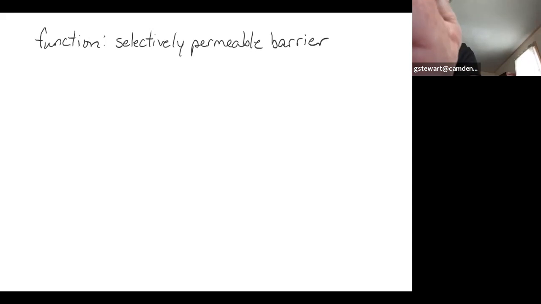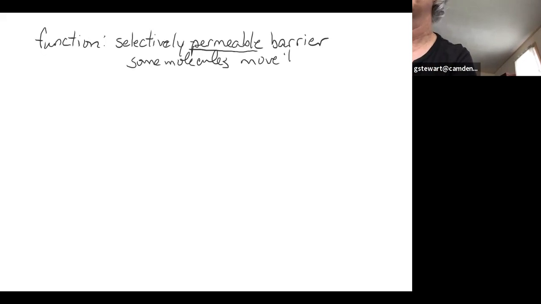Okay, so let's just take that word by word, right? Selectively permeable. Some molecules can permeate or move through the membrane, and some can't.